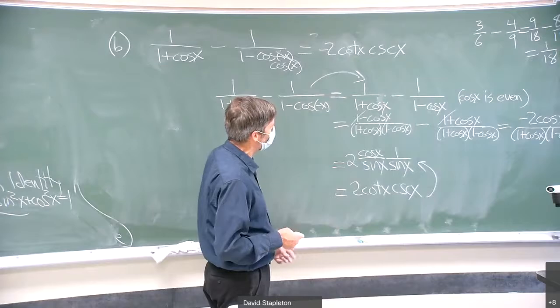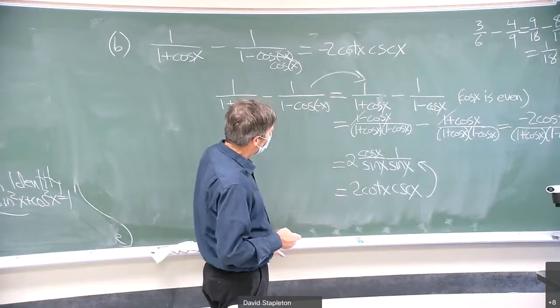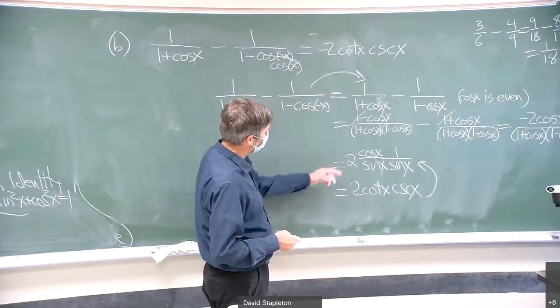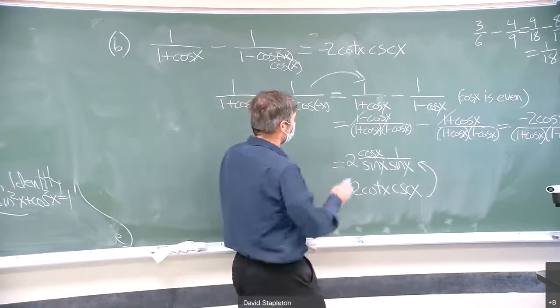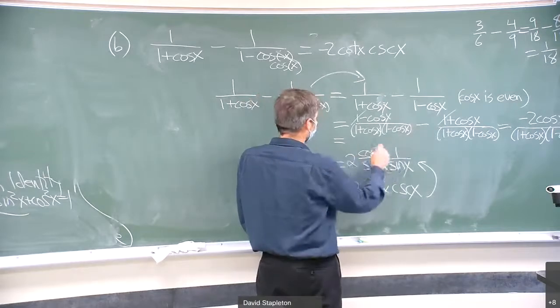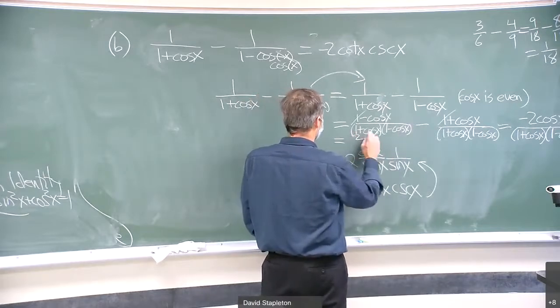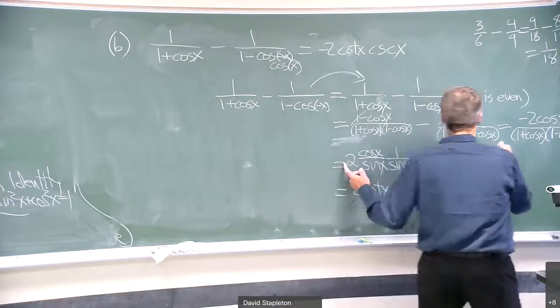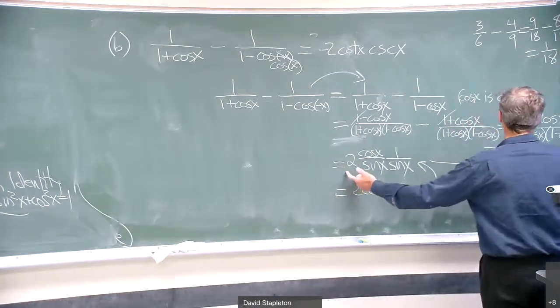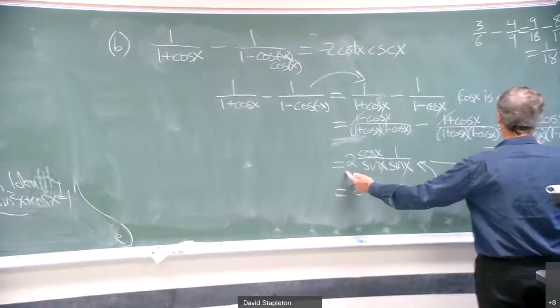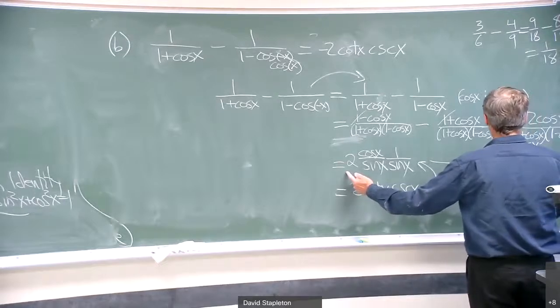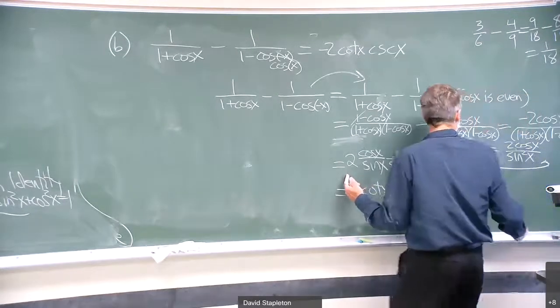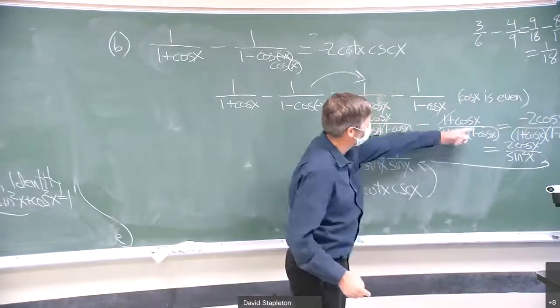How did I get these denominators the same? Well, I could go backwards on this one again, and I could say, oh, I got a 2, that's good, it looks like that one, but you're trying to make them look the same. This one, let's say, going back this way, is 2 cosine x over sine squared x, right?